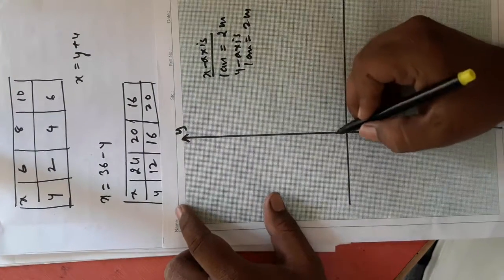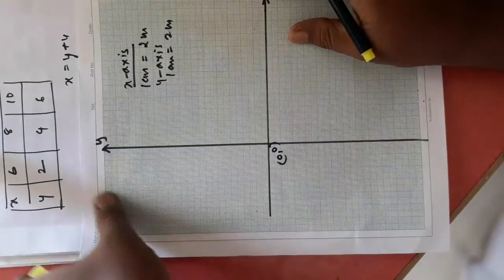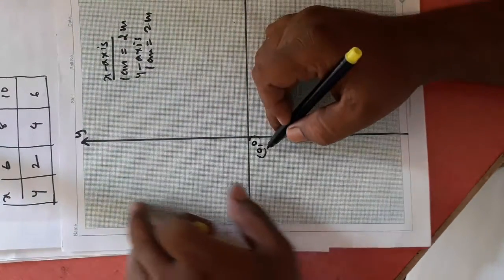Then here we will take 0, 0. This is very clear. See now, first equation I am taking 0, 0.